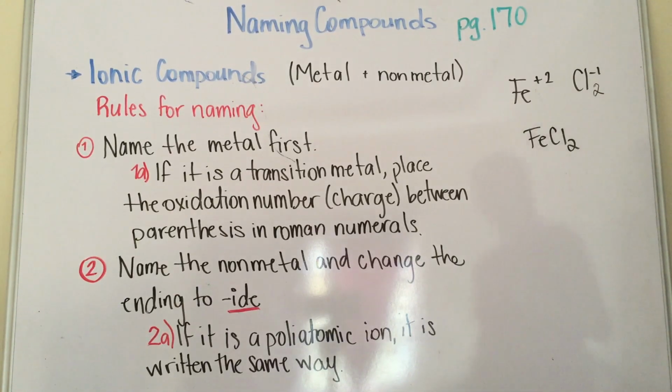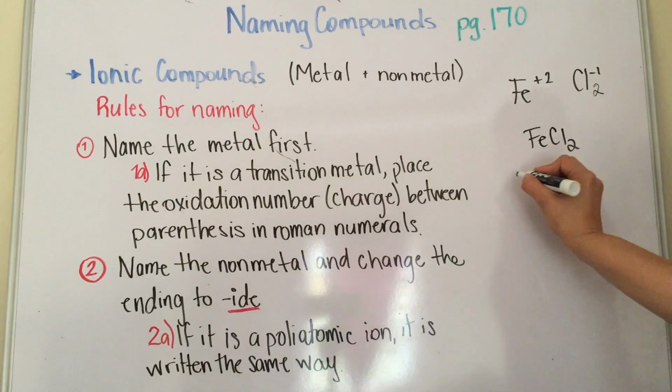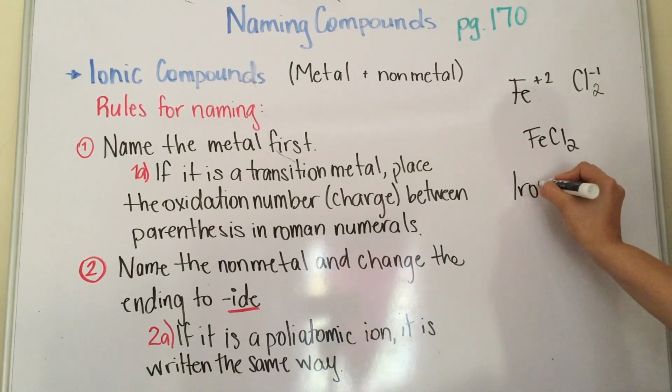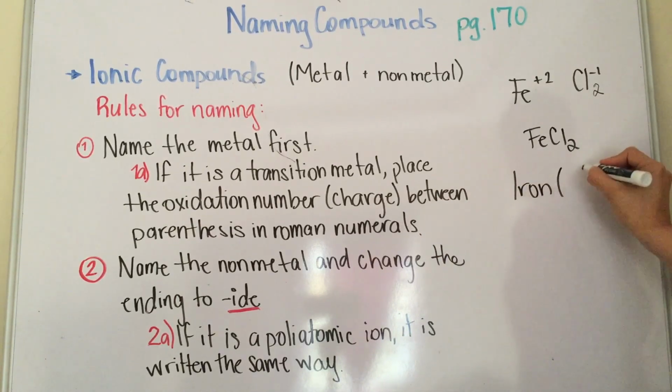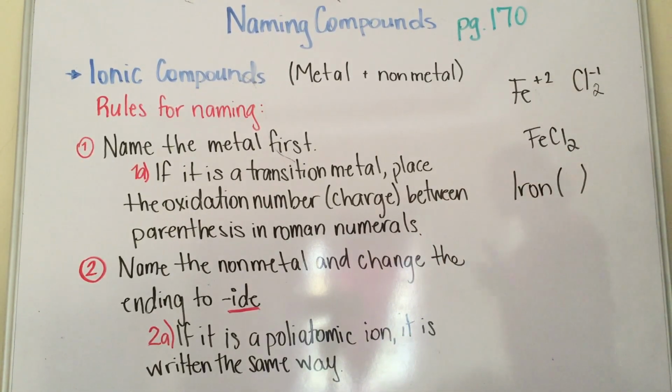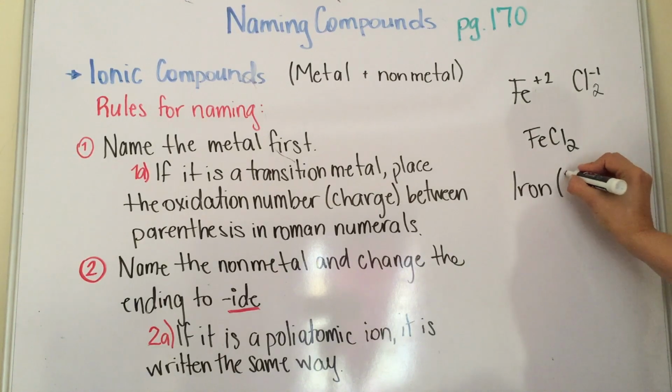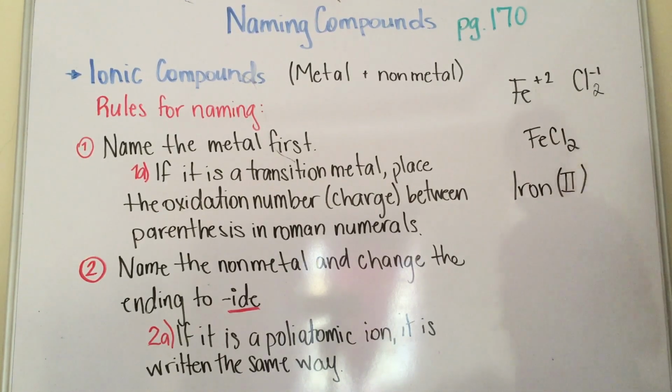But because iron can have 2 charges, you need to specify what charge am I using. So first we name the metal, iron. Fe is iron. Between parentheses, I'm going to put my charge. What charge am I using? 2. I just put it in Roman numerals, so iron 2. And then I name the non-metal.